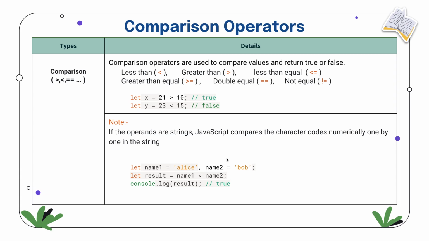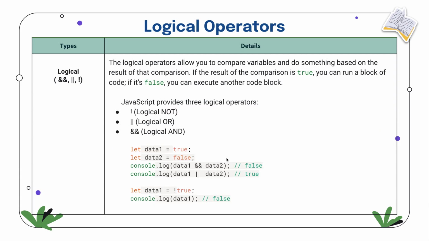Now let's move on to logical operators. Logical operators basically allow us to compare two values or variables, and based on that we will execute some block of code. Later we will see this with if conditions and else conditions. You already know logical operators from school or college: and, or, not.